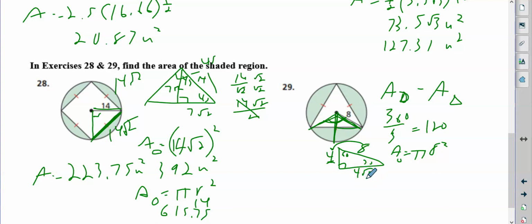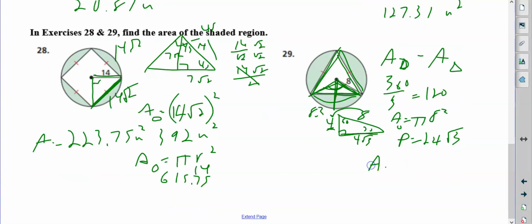And now why do we need that? Because we need the perimeter of the triangle. So if this is 4 root 3, that means this is 8 root 3. And there's 3 sides. So the perimeter of the triangle is 24 root 3.